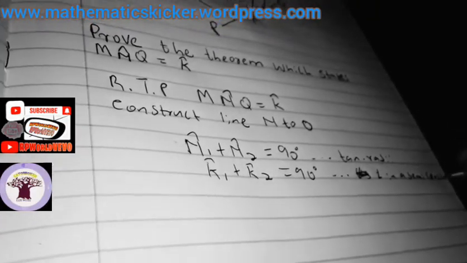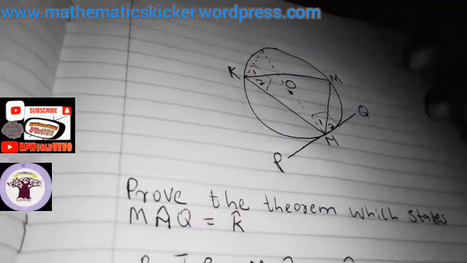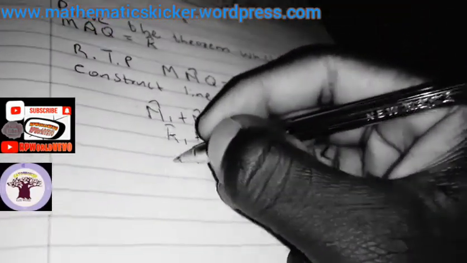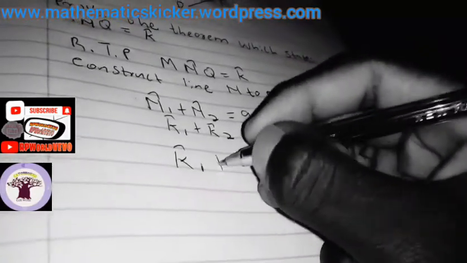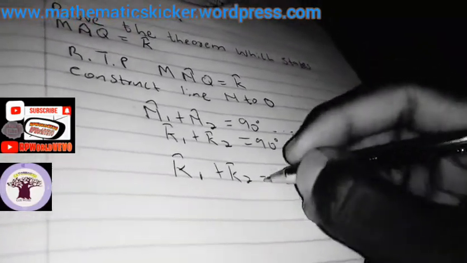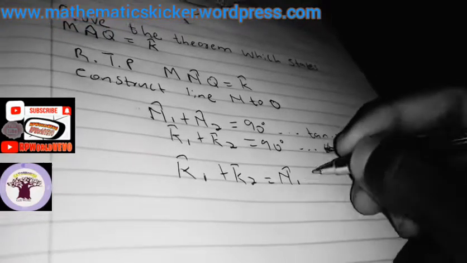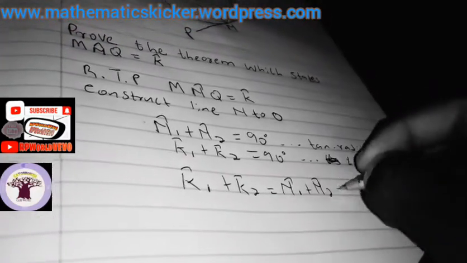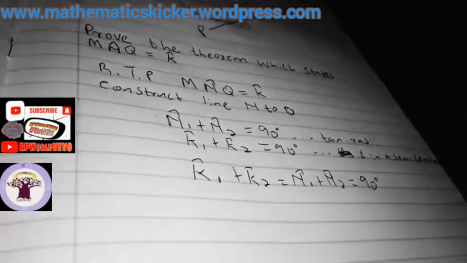The reason is angle in a semicircle, or diameter subtends an angle of 90 degrees. Therefore angle K1 plus angle K2 is equal to angle N1 plus angle N2, because they are all equal to 90 degrees.